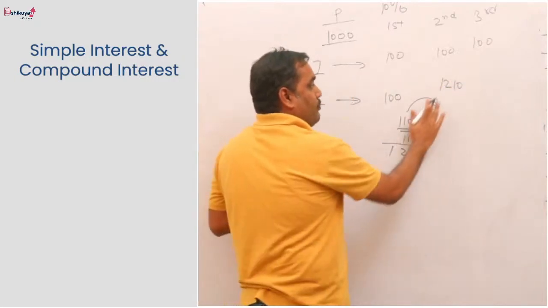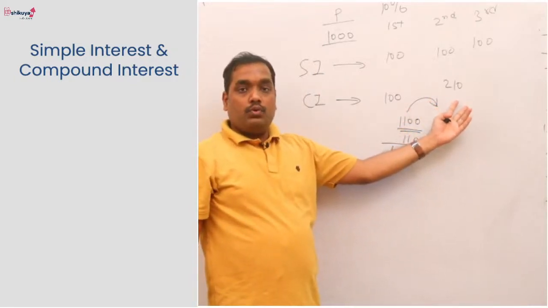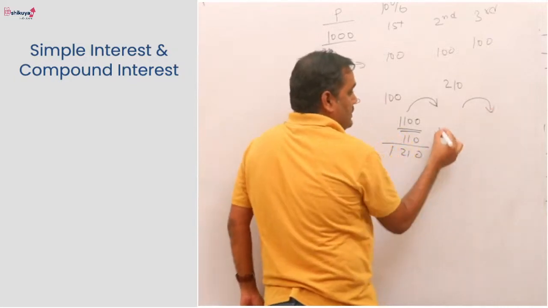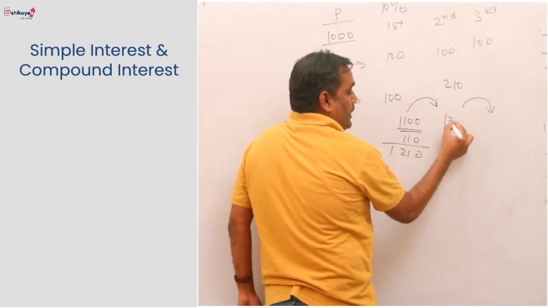If you consider only the interest amount, the total interest here is 210. In the same way, the third year interest is calculated with respect to the previous year's amount.